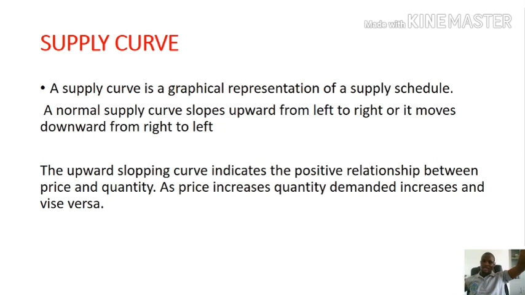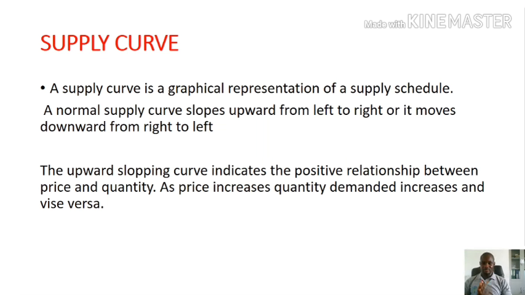So that is why a supply curve will slope upward from left to right, because as prices go up, quantity supplied goes up. Good. Now, the upward sloping curve indicates the positive relationship between price and quantity. As price increases, quantity supplied increases and vice versa.